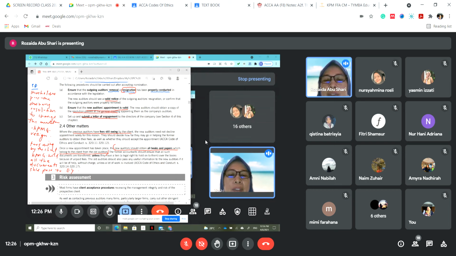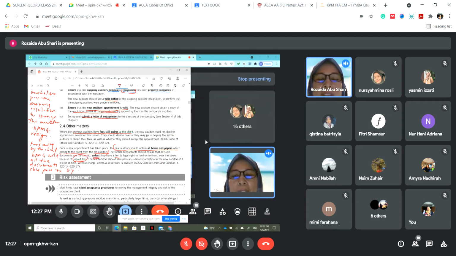The former accountant should ensure that all such documents are transferred, unless there is a lien over the books because of unpaid fees. The SCCA Code of Ethics allows the outgoing auditors to retain the books and papers because of the lien, the legal right to hold on to them because of the unpaid fees.